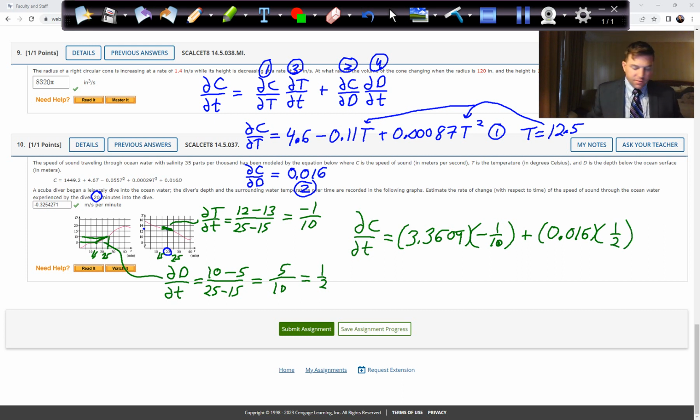Let me just confirm that I got all this correct. And if you do this, yeah, it looks good. If you do this, you'll get approximately... I'm just looking at this because I use a slightly different slope for depth, and I did get this number right to like 8 decimals.